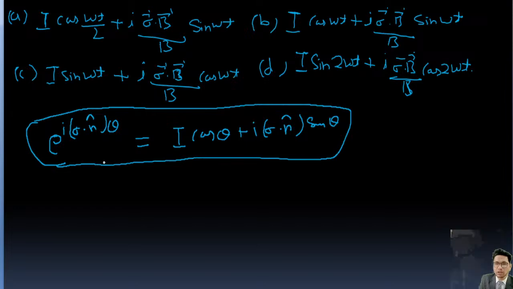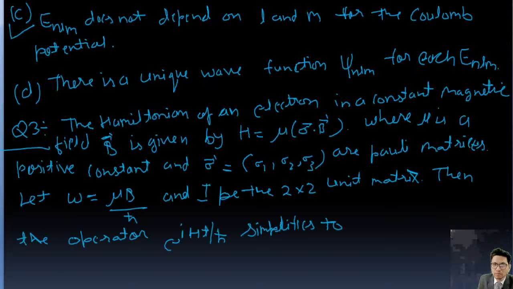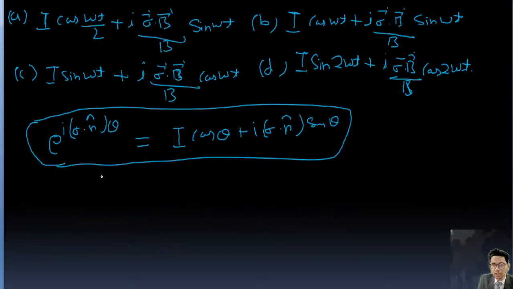Now we have been given the Hamiltonian H equal to mu into sigma dot vector B. Whatever is given in the question, write those things down, then you can easily understand and solve the question.